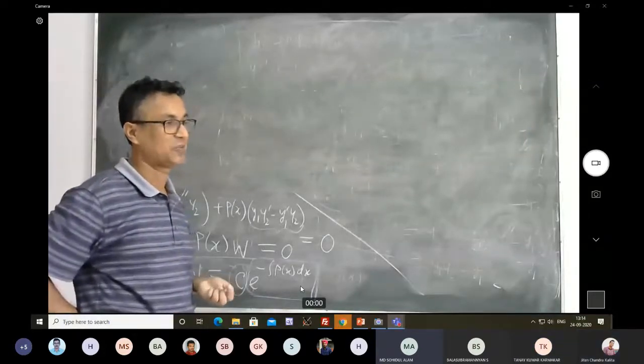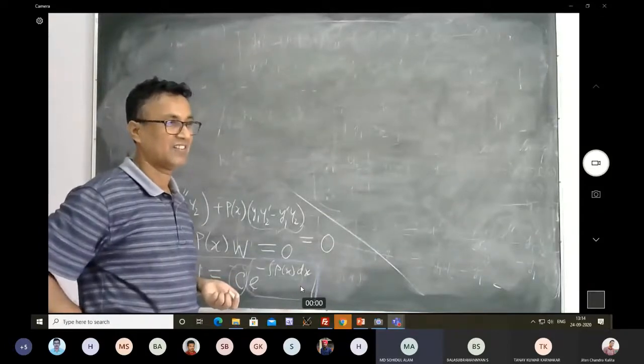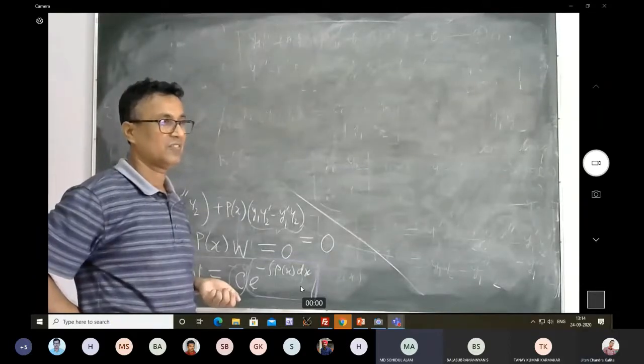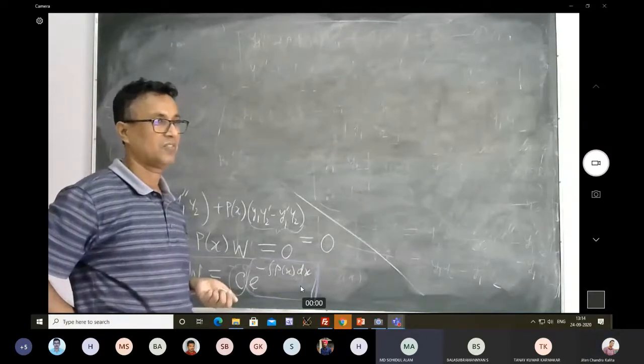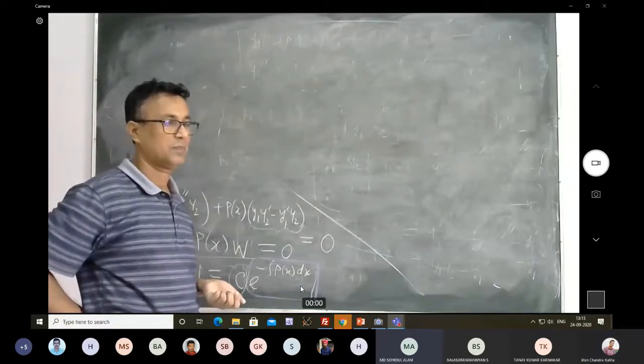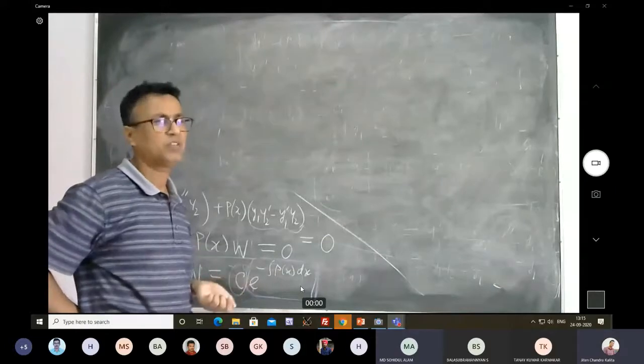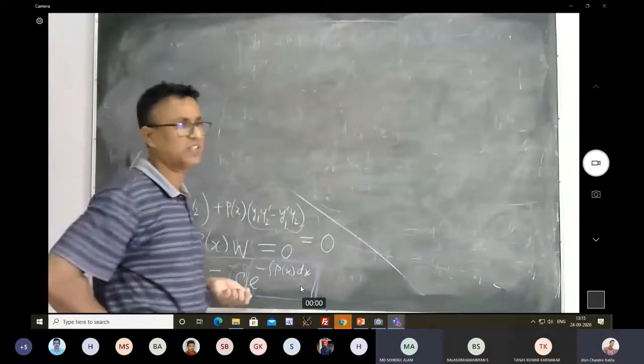So if Wronskian is non-zero at some point x naught, then I can find C, some value which is not zero. Then from this expression of Wronskian, I can say that Wronskian is non-zero everywhere on the interval. And if it is zero, I don't have any problem. It is going to be zero only eventually, right?